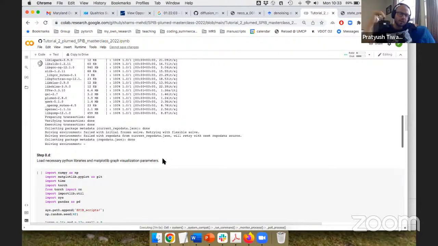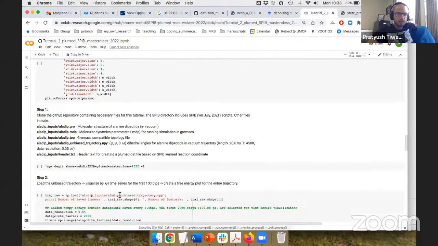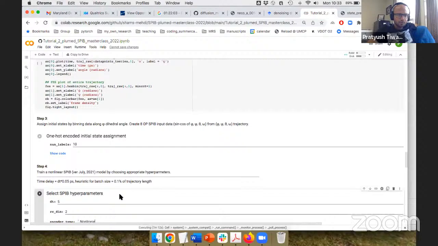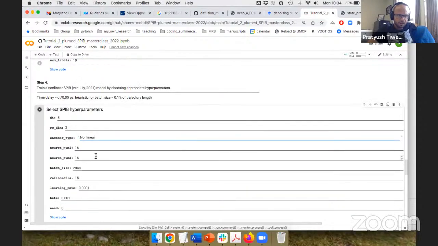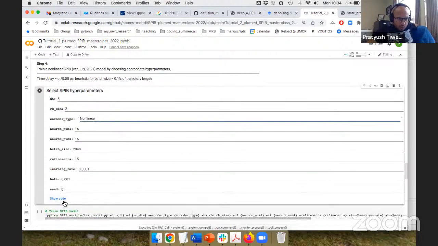You take some input metadynamics trajectory, and that's what you feed into the method. The question then is, once you are feeding in this metadynamics trajectory, are you going to reweight it or not? Shams, I don't think you have highlighted the hyperparameter for the reweighting of the trajectory, have you?